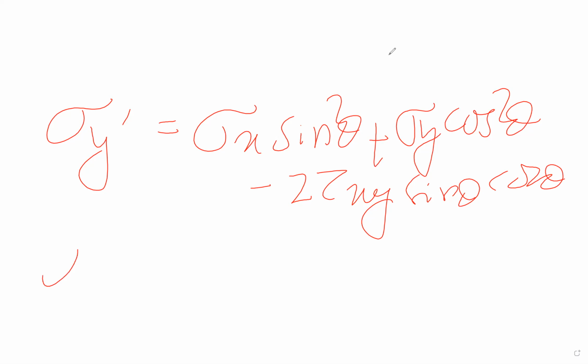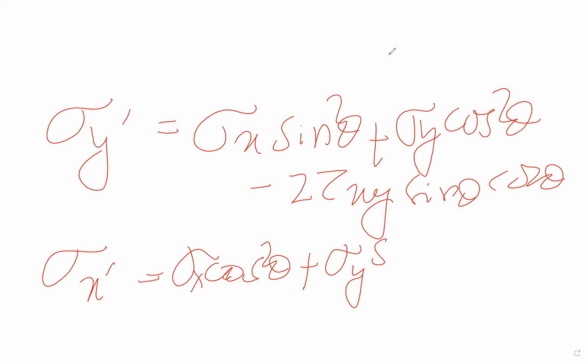Sigma x dash, if you remember, is sigma x cos square theta plus sigma y sin square theta plus 2 tau xy sin theta cos theta.